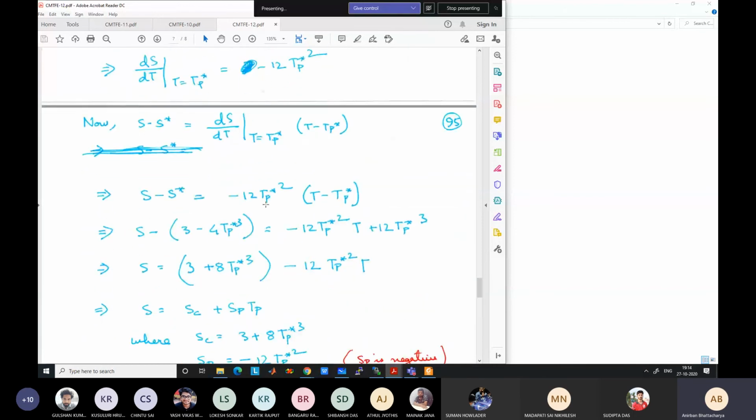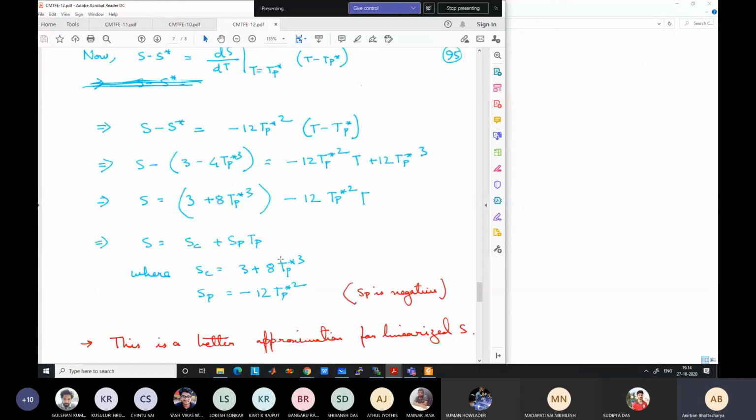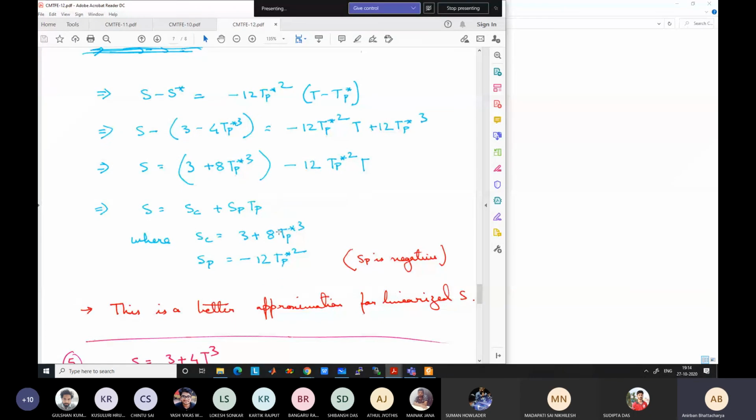So I can make SC 3 plus 6 TP star cubed and SP equal to minus 2 TP star squared. That also will work, but that is an approximate solution. It will slow down the convergence.